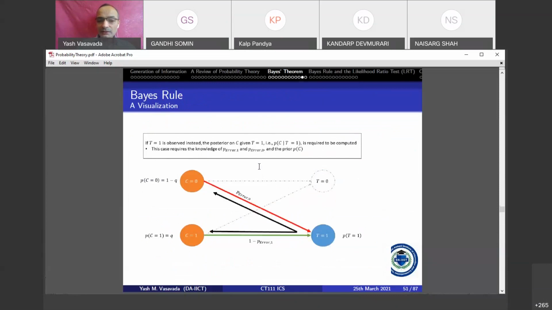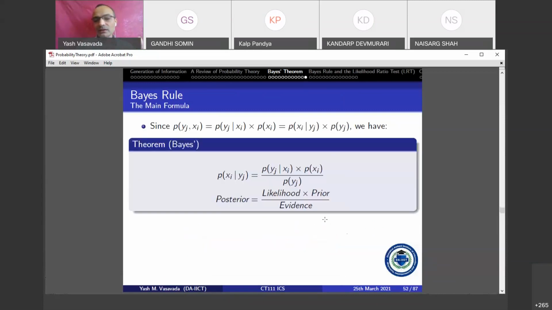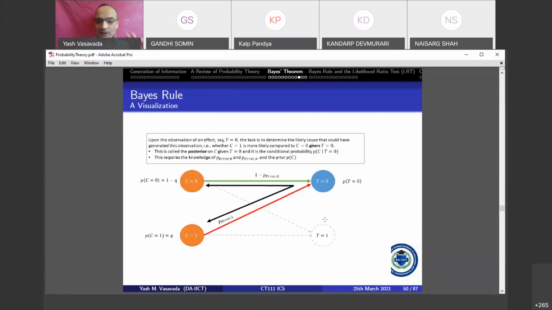So lambda 1 that we were looking at corresponds to this case. It applies only when you have received y equal to 1. You can't use lambda 1 if you have this case. Lambda 1 you have to throw out of the window. You have to do a new calculation.